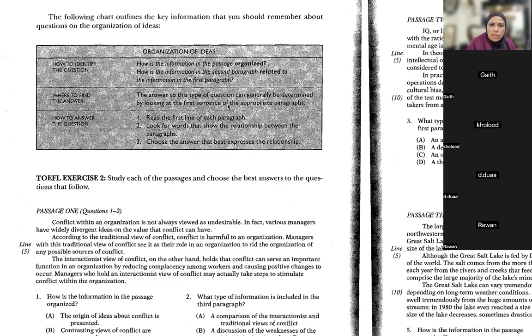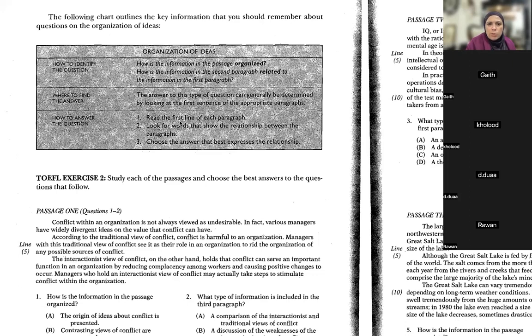By looking at the first sentence of the appropriate paragraph. طلع الجملة الأولى من الفقرة اللي بيطلبوا منا الإجابة حولها, all right? بس يعني sometimes it's a good idea to read the other paragraph, compare the main idea in the first sentence, so that I can have a sure kind of answer.